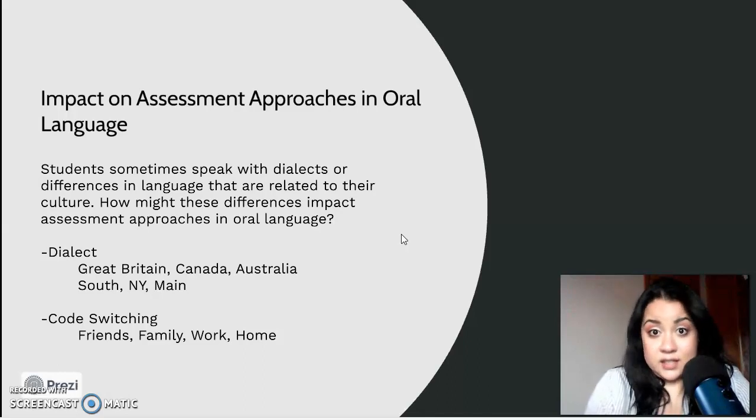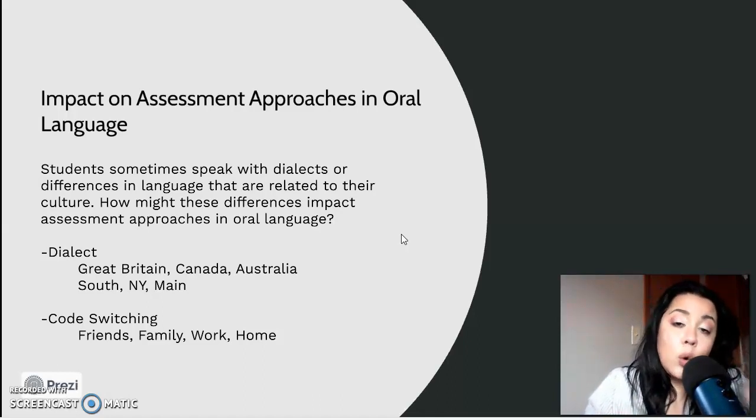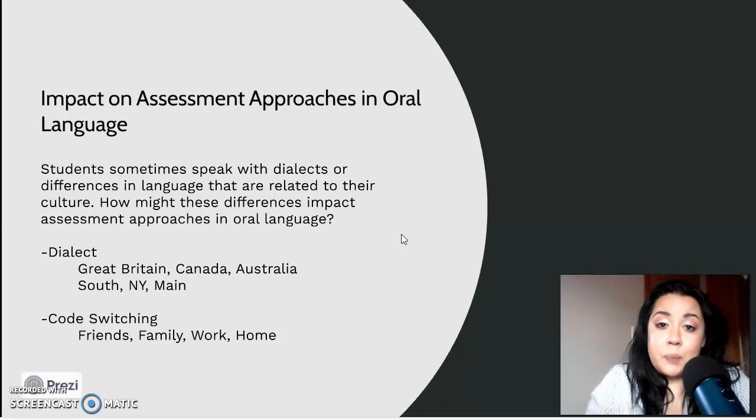So, for example, in a written standard test, somebody who speaks in a different dialect, although they may know the answer, the way they phrase it in their dialect is not to our English standard. So, when assessing oral language, even in person, teachers or educators who aren't well educated on how to pick up on those things may have a hard time with an oral language assessment.